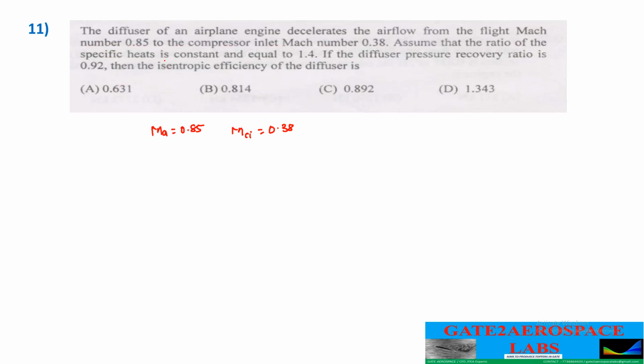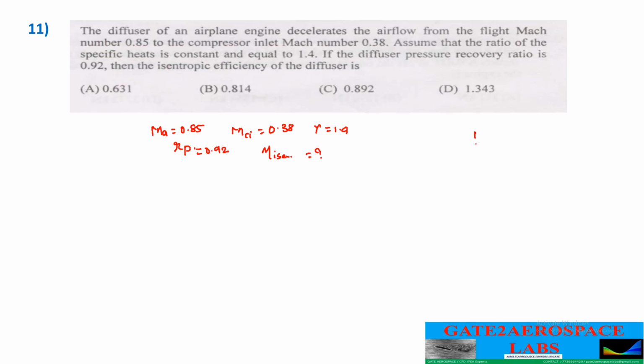Assume that the ratio of specific heats is constant, equal to 1.4. The diffuser pressure recovery ratio is given as 0.92. This is basically the pressure ratio only. We have to determine the isentropic efficiency of the diffuser.